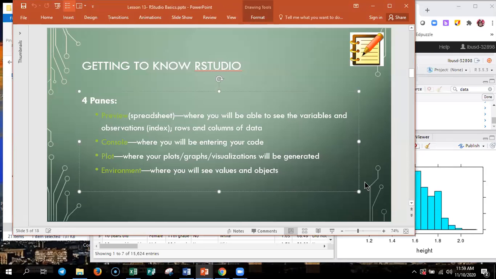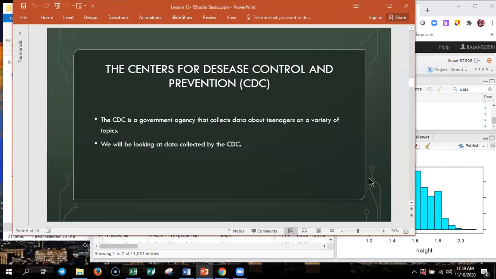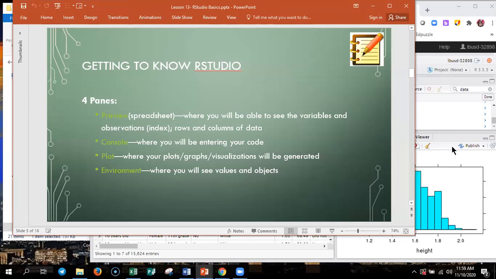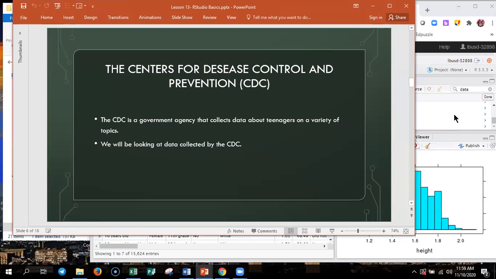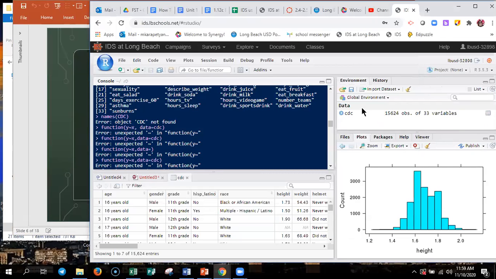Now, as we work through these, as I was showing you, you saw me bringing up some data by the CDC. So you see in my environment pane that I have CDC data. When you pull up that data, you will have it there too, so don't worry.